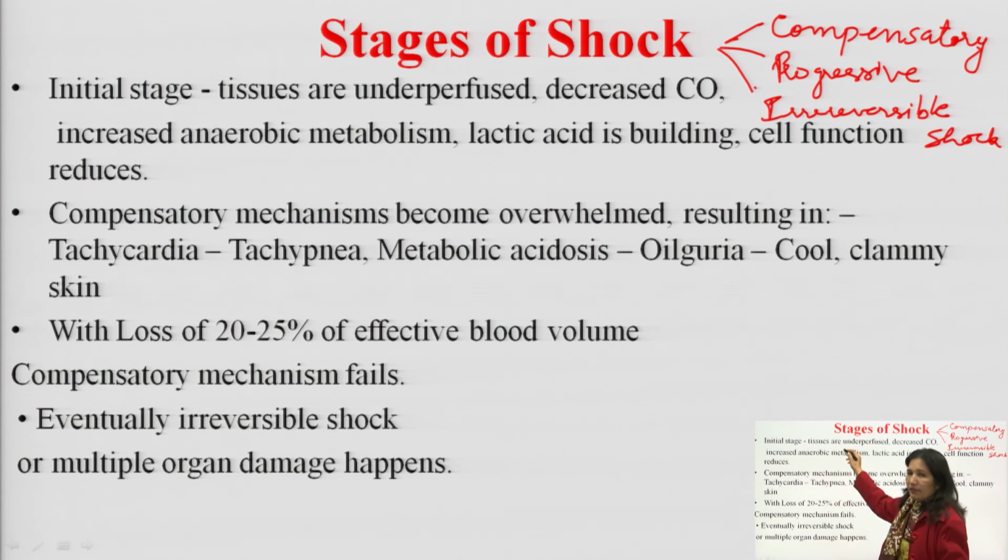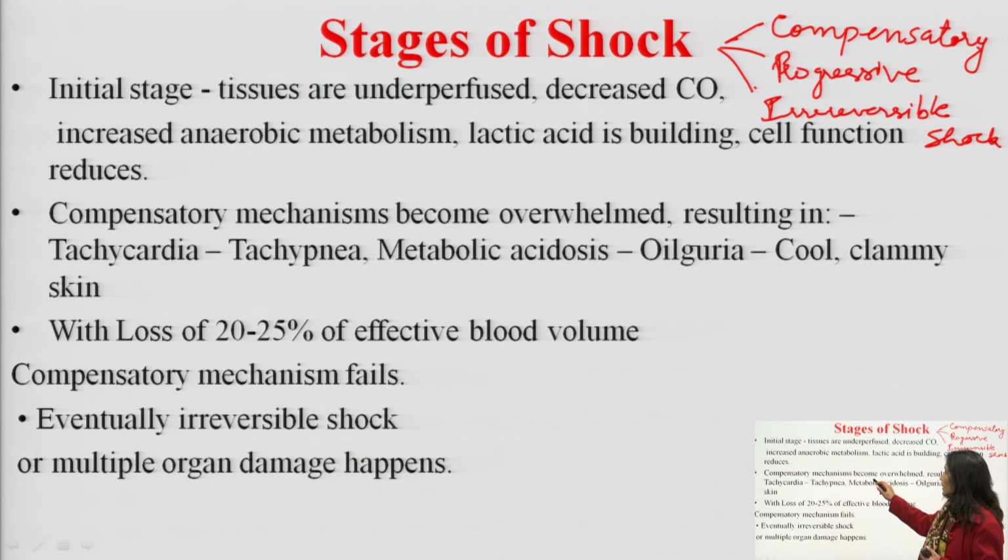So, as we have discussed, in the initial stage when tissues are underperfused, there is decreased cardiac output, increased anaerobic metabolism, lactic acid production, so cell function reduces. So, various compensatory mechanisms will activate like sympathetic nervous system activation, baroreceptor stimulation and renin angiotensin system activation.